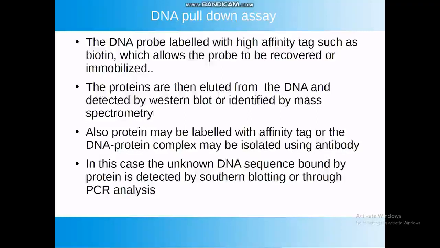Then the proteins are eluted and detected by Western blot or identified by mass spectrometry. Also, the protein may be labeled with an affinity tag, or the DNA-protein complex may be isolated using an antibody. In this DNA pull down assay, the unknown DNA sequence bound by protein is detected by Southern blot or through PCR, polymerase chain reaction analysis.